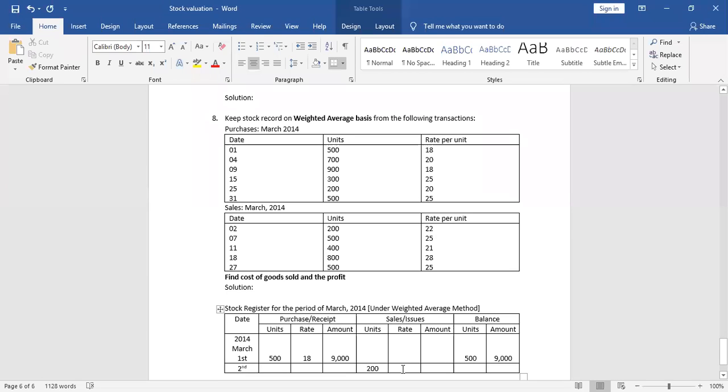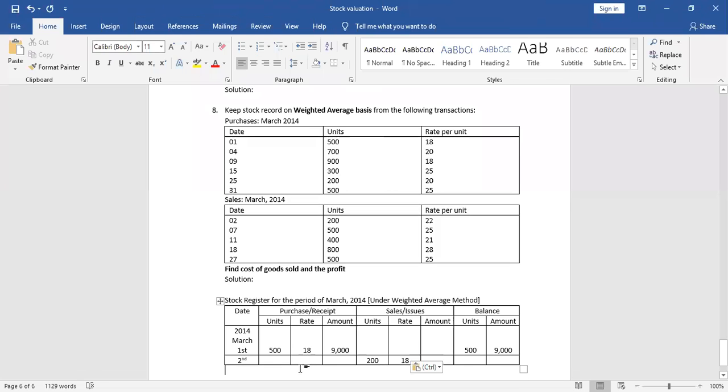So how to find out the average price? 9,000 divide by 500. See, you're getting 18. Are you getting 18 rupees? Yes.